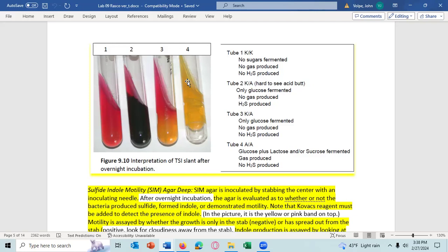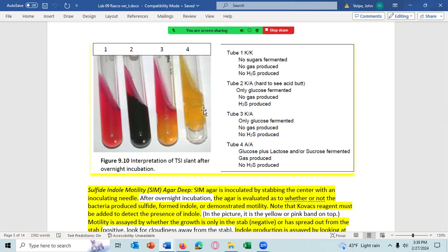That will revert the color of the slant to pinkish, but in the butt, it would remain yellow because the fermentation is happening slower in the butt, as well as the bacteria growing slower in the butt. And as you notice, that's the way tube 3 is. So if it's red on the slant and yellow on the butt, only glucose is being fermented. If it's yellow in both, that means either lactose or sucrose or both of them are fermented. Any question about any of that?